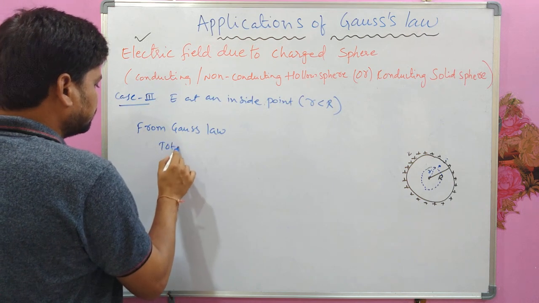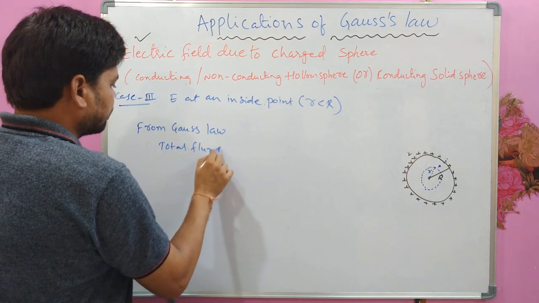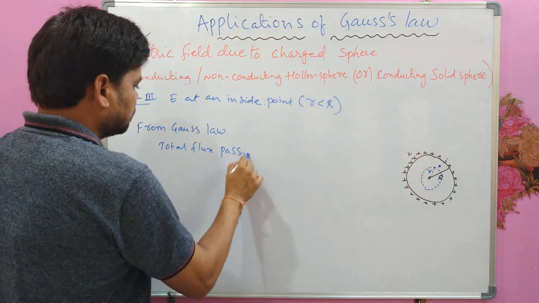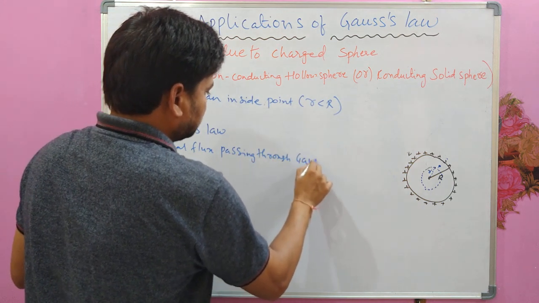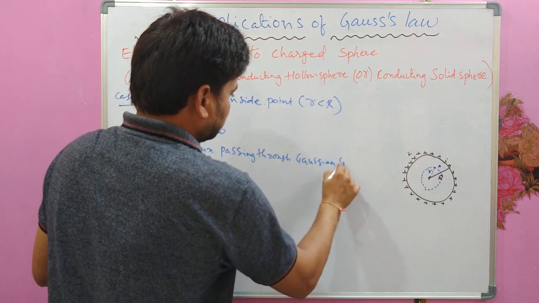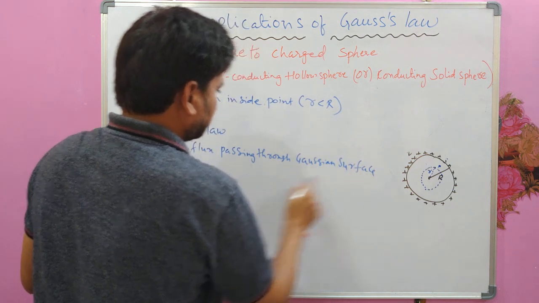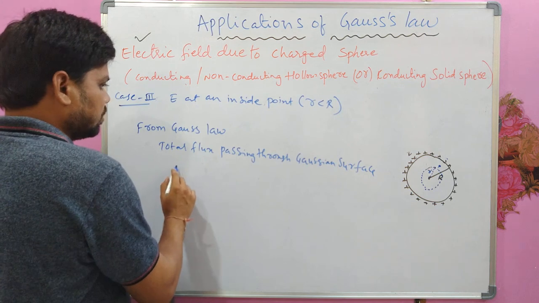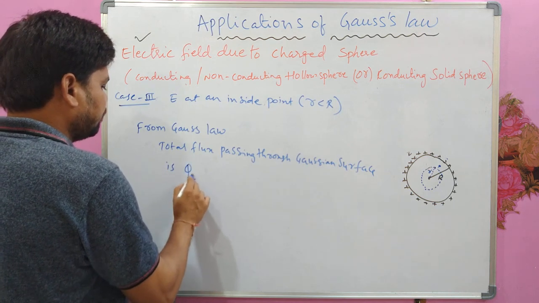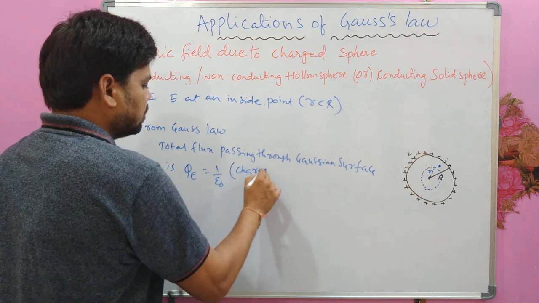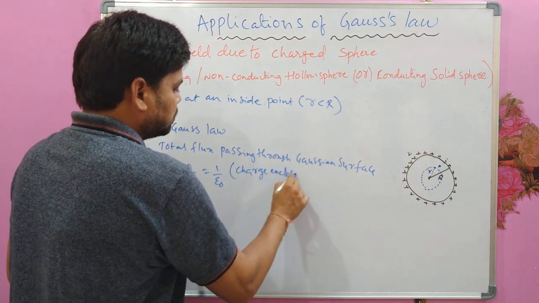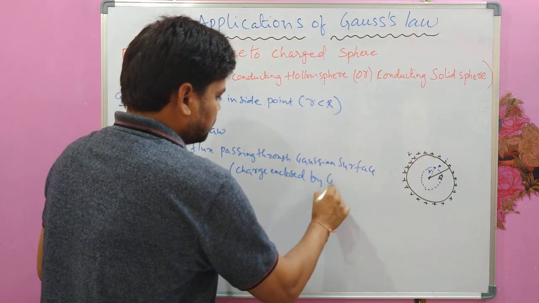Total flux passing through Gaussian surface is phi E equal to 1 by epsilon naught times charge enclosed by Gaussian surface.